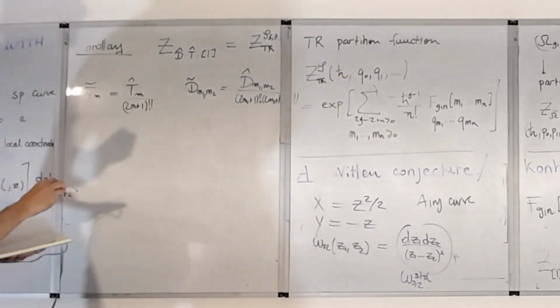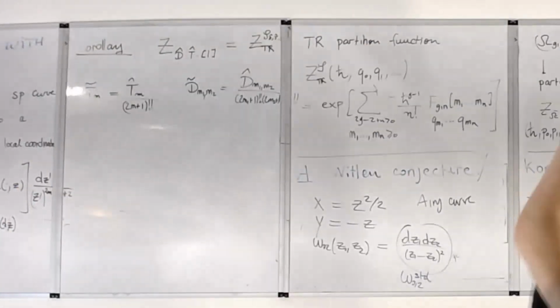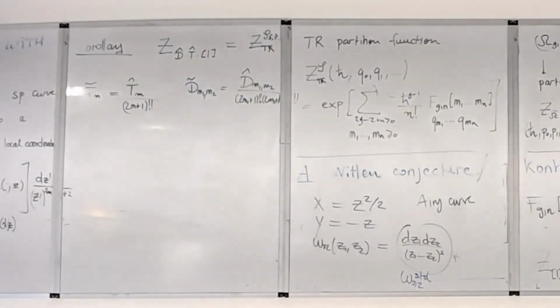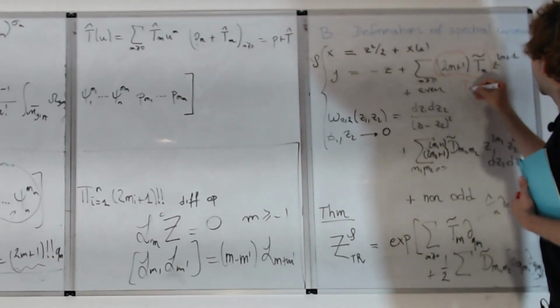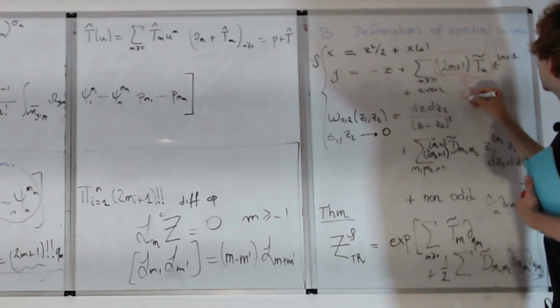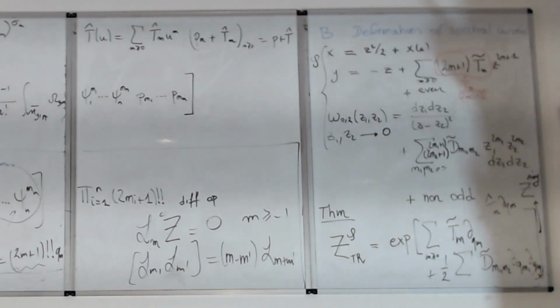So if I really write in terms of the spectral curve what that means, here this is t hat m over (2m minus 1) double factorial, because there is a cancellation with that.